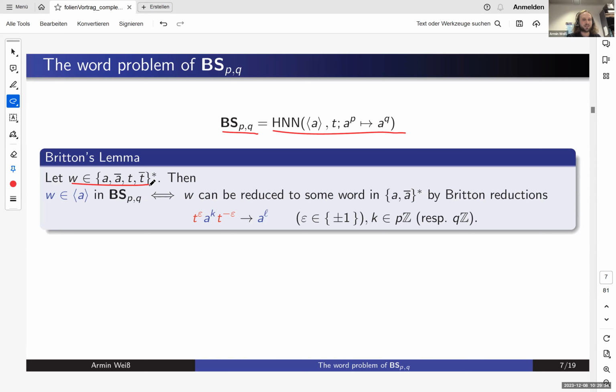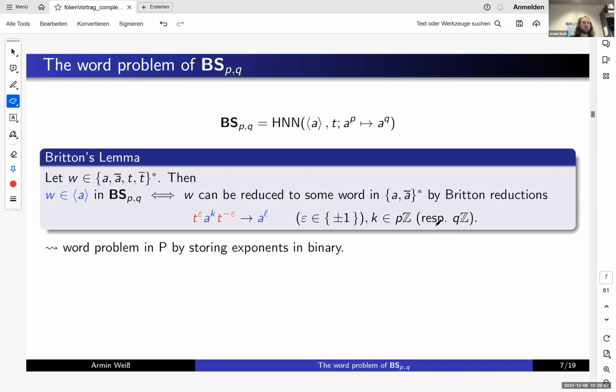If we have a word written over those generators, then we know it's in the subgroup generated by a if and only if we can apply rules of this form: t a^k t^-1, or t^-1 a^k t, goes to a^k' for something. Here, depending on the case, k is either divisible by p or by q, and we can do the reduction. And now we can store the exponents of our letters in binary notation, and then we can solve this word problem in polynomial time. We just apply the Britton reductions until we are done.